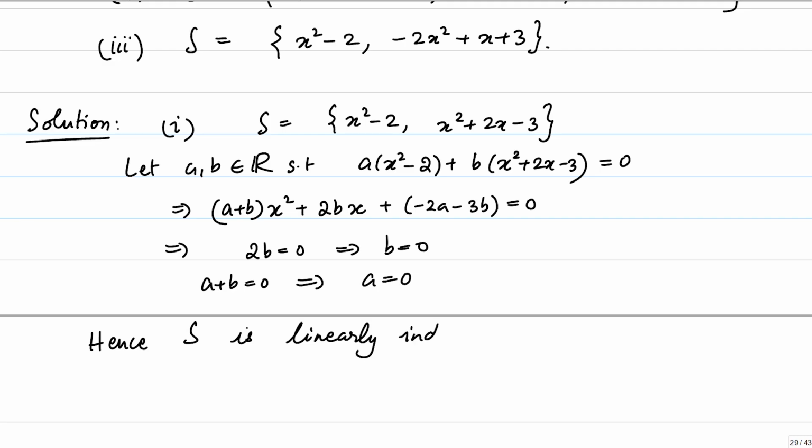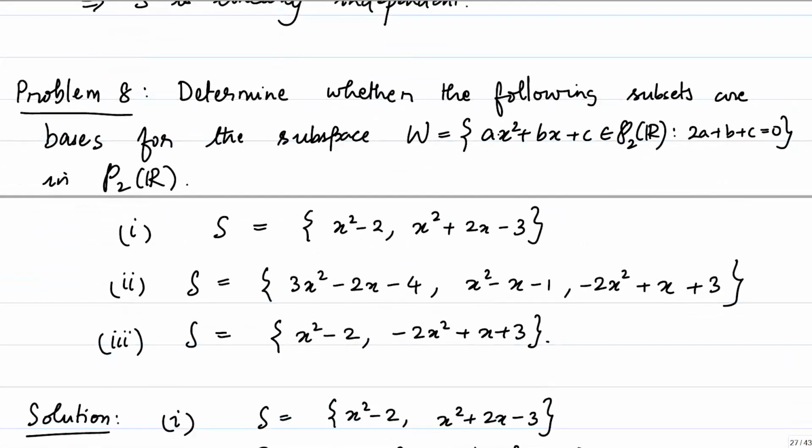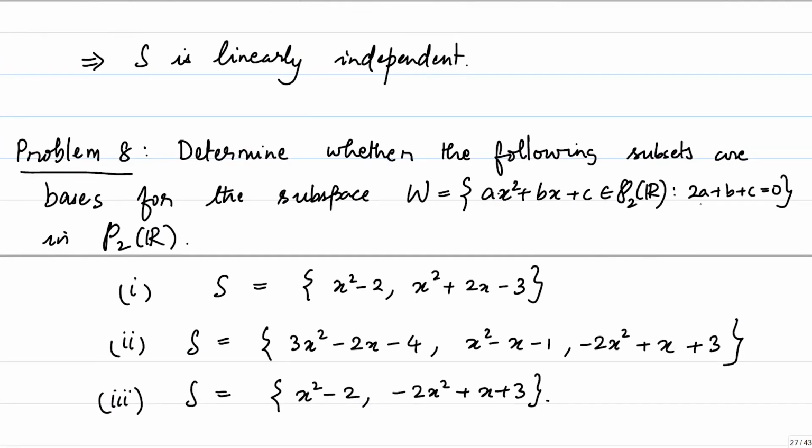Yes, so the first thing to note, which I just skipped, is to check whether S is a subset of W. x square minus 2, if you notice, will satisfy 2a plus b plus c should be 0. So 2 minus 2 is 0, yes.